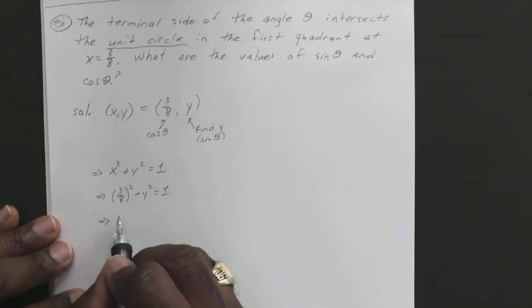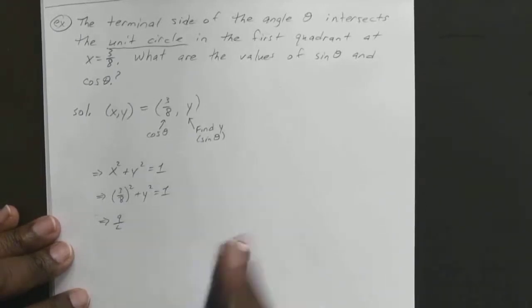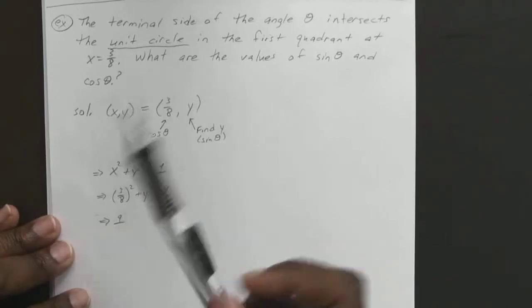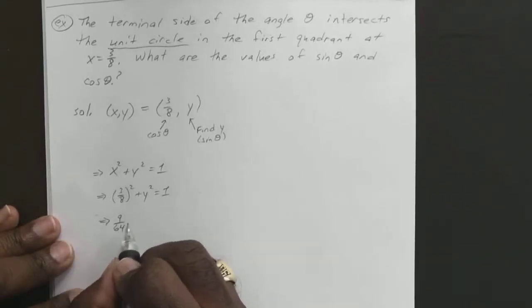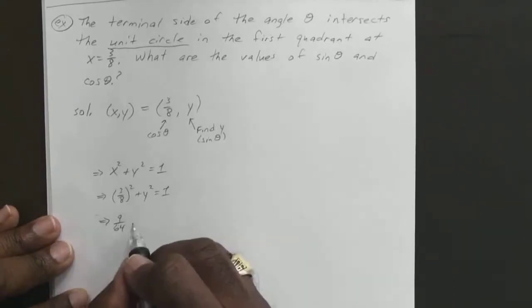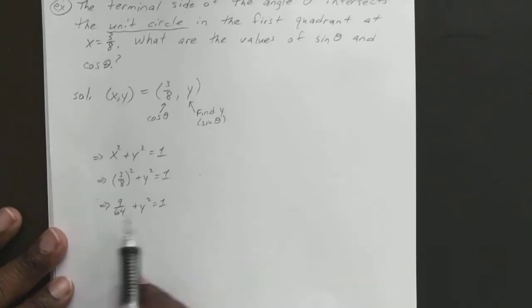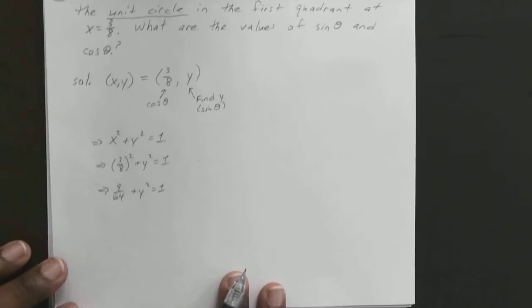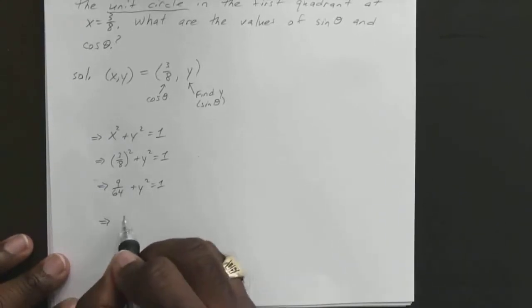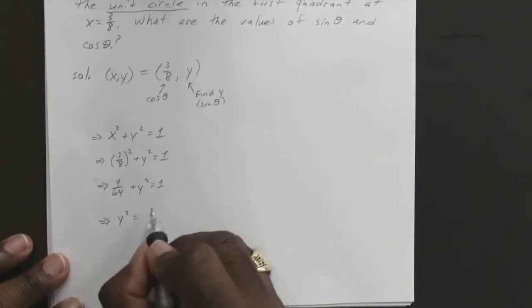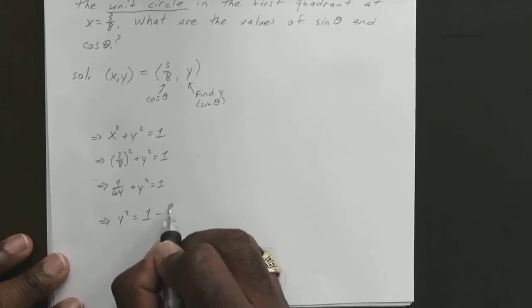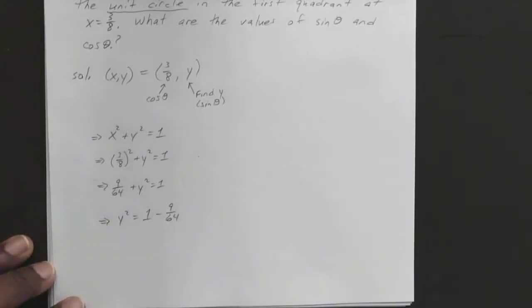So if you made that 9 over 64, not squared, plus y squared equals 1. If we subtract 9 over 64 from both sides, y squared equals 1 minus 9 over 64. Okay.